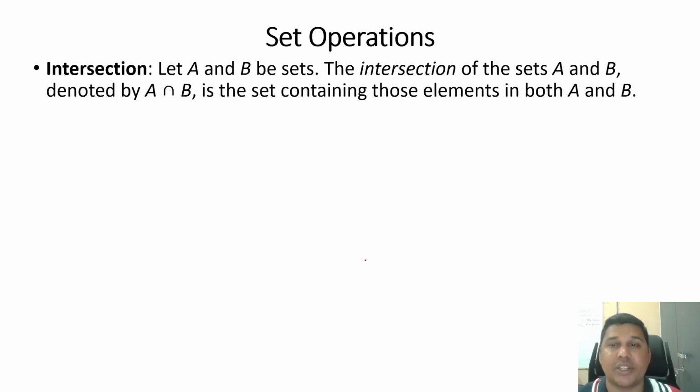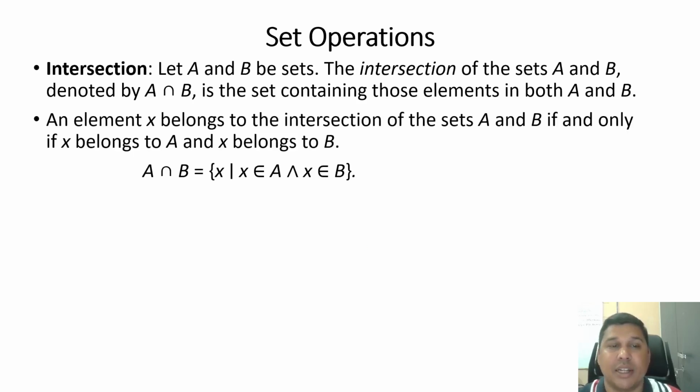Next operation, intersection. Here we represent it as A intersection B. We take the common elements in both the sets A and B. So A intersection B will include elements which are common in both the sets. In set builder notation, {x | x belongs to A and x belongs to B}.